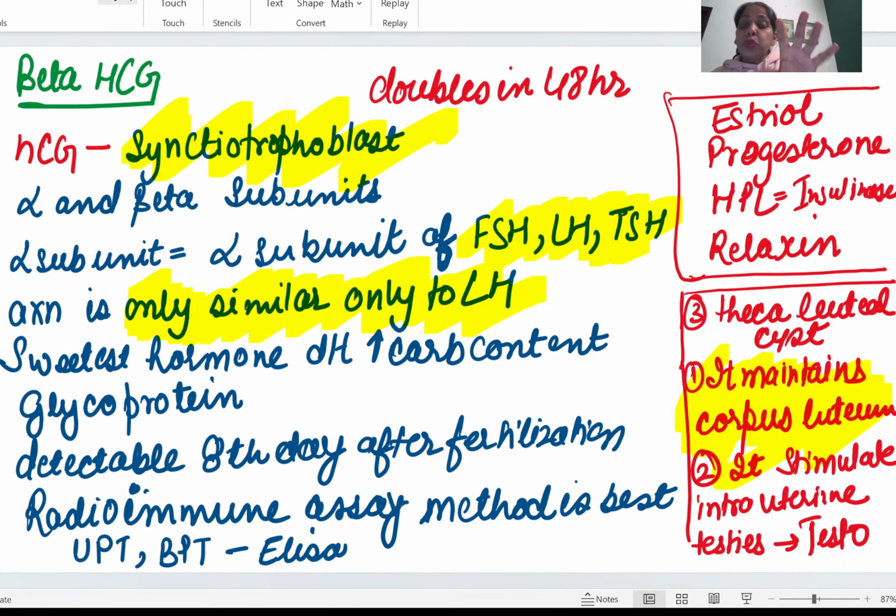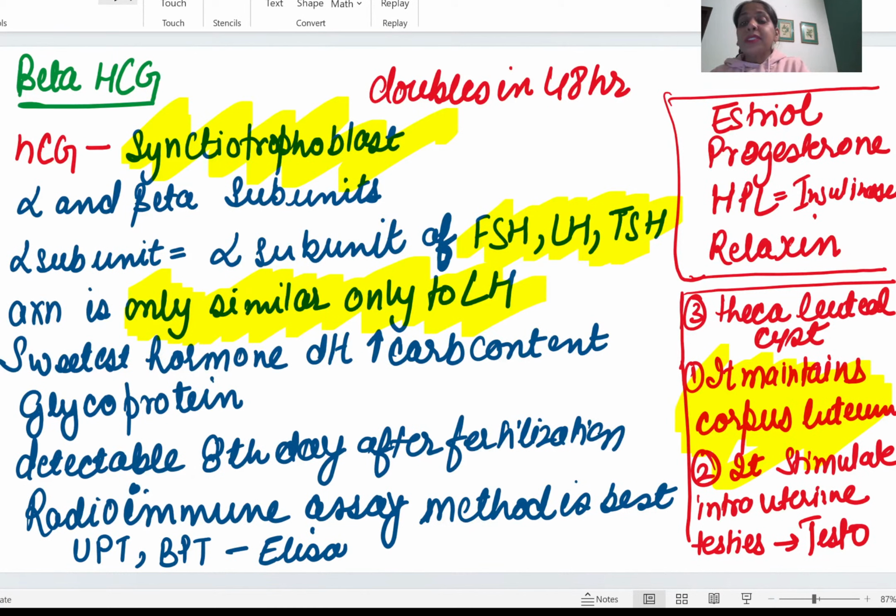Now in these testes, the Sertoli cells have to synthesize AMH, and the Leydig cells have to synthesize testosterone.